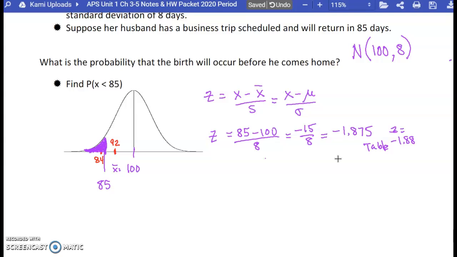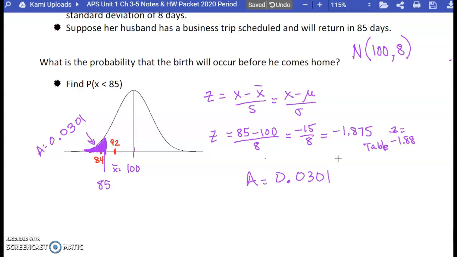When you look at the z-score of negative 1.88 in the table, you're on the negative side of the z-scores, go down to negative 1.8, and then go across the table until you get to 0.08, and that makes altogether negative 1.88. I get an area of 0.0301.